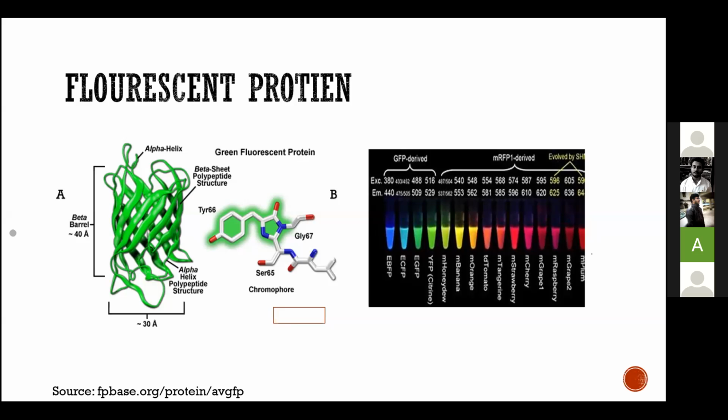Imagine a sheet of paper, or imagine a number line which goes up to N. Then you take N plus 1. There is a protein at position N and another at position N plus 1.